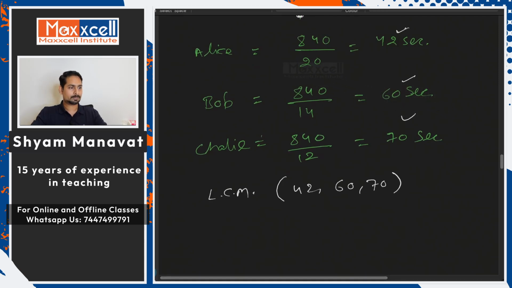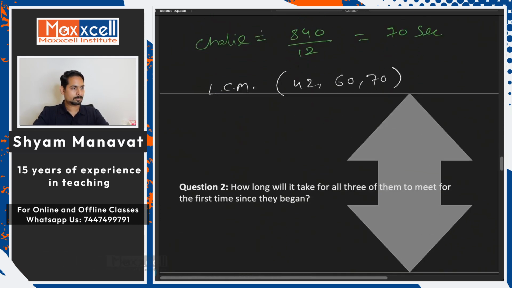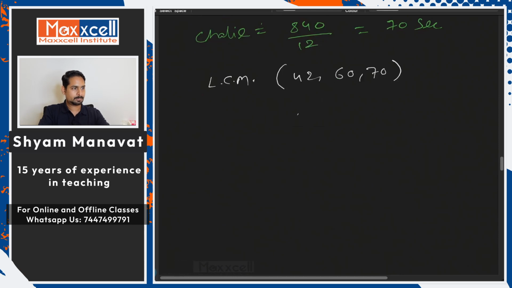Tell me. Take 42, 60, 70 and calculate this way.